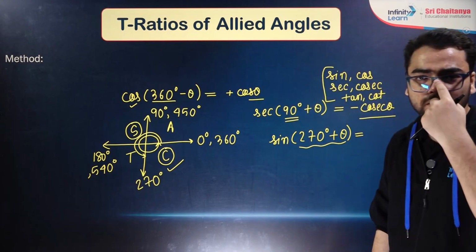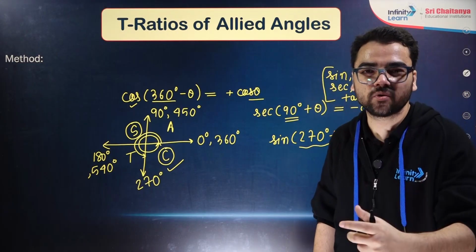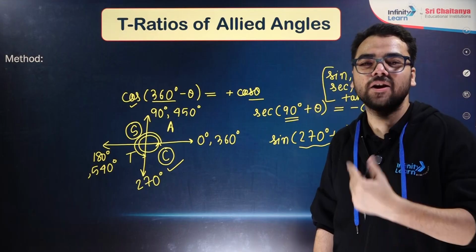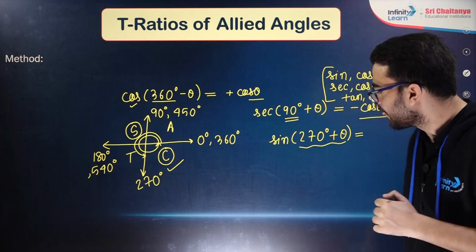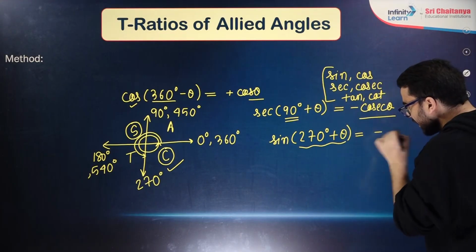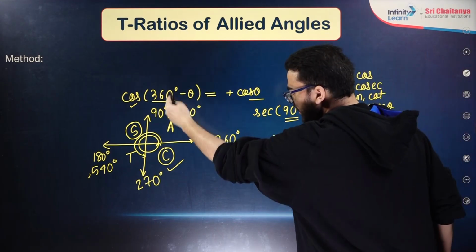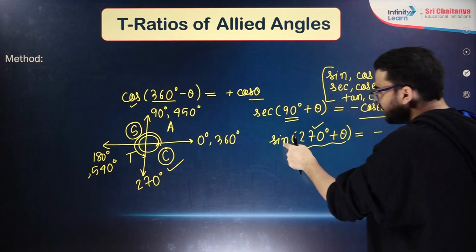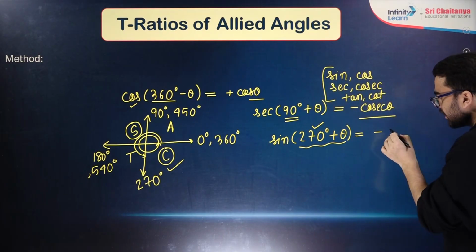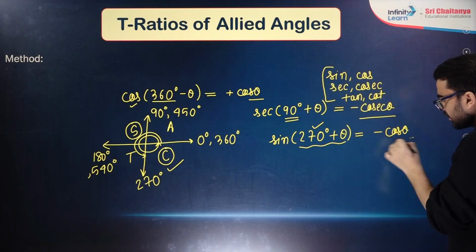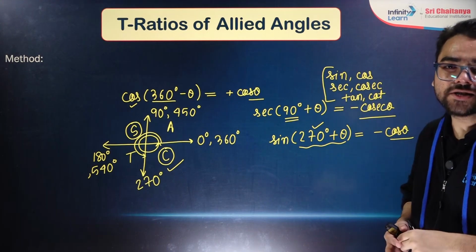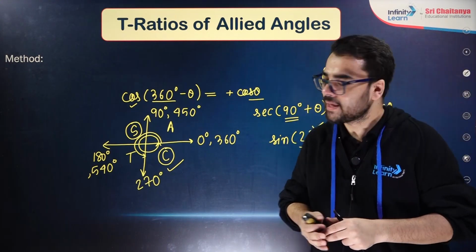In the fourth quadrant only C for cos and its reciprocal sec will be positive and all other trigonometric ratios will be negative. So the answer will be negative. And when the reference is vertical, 270 degrees vertical, sine will change to its co-function, that is cos. So the answer is minus cos theta. So that's how it is done, guys, right?